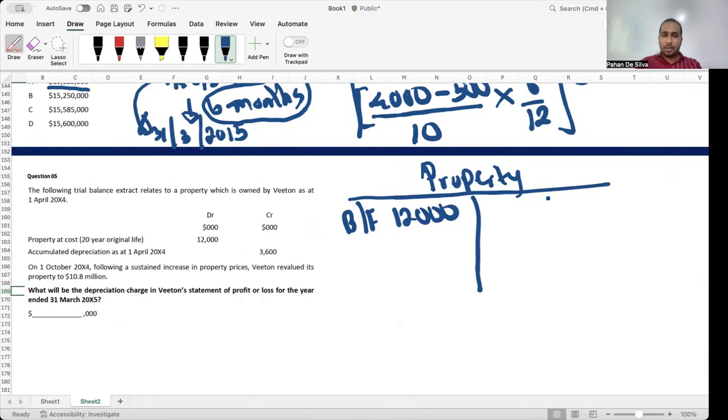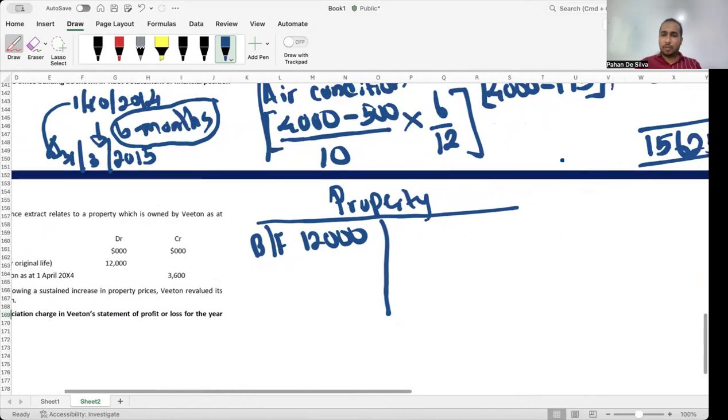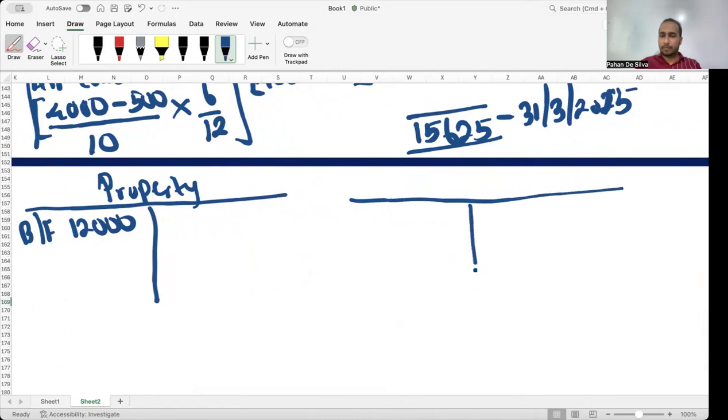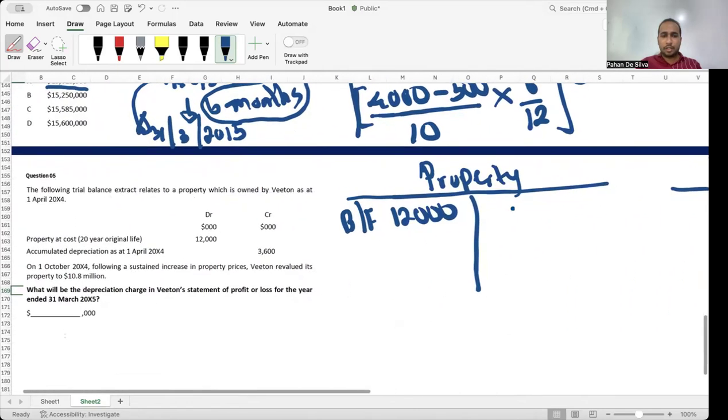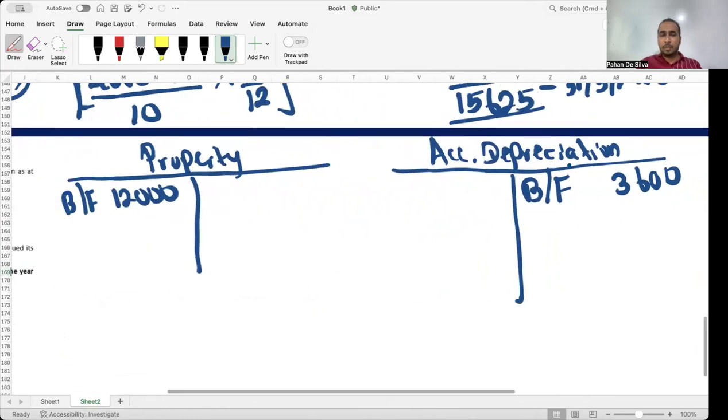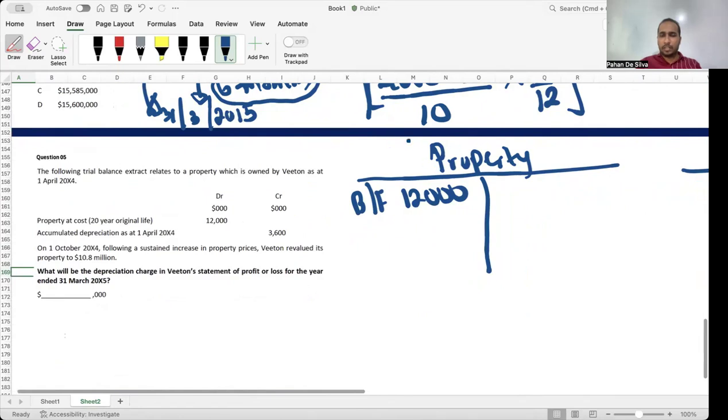They have also given us the accumulated depreciation account, which has a brought forward balance on the credit side of 3,600. These figures are on 1st April 2014.